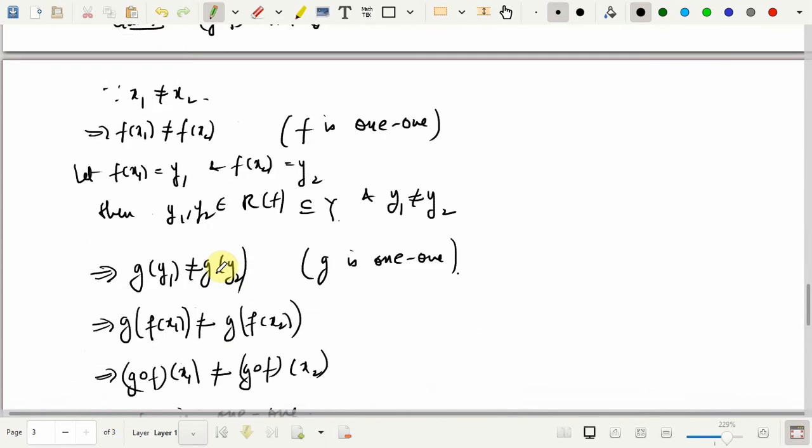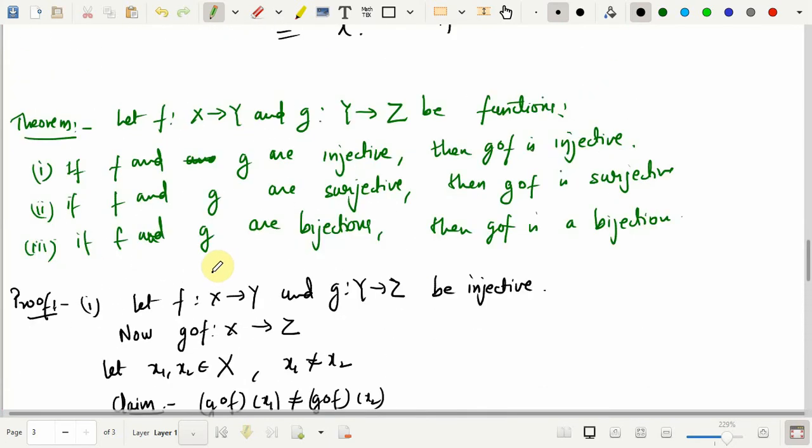Now the question is, is the converse of this result true? That is, if g composite f is injective, does that imply that f and g both need to be injective? Is it always true that f and g are both injective? The same for surjective. Unfortunately, this does not hold for the converse.